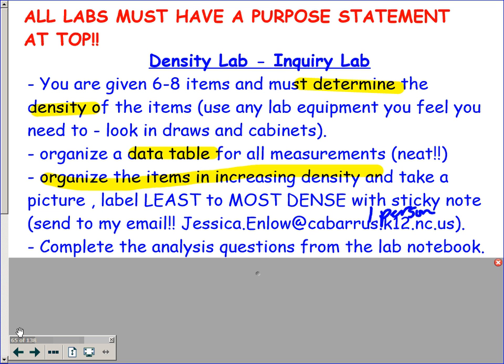Scales are coming to your table in just a second. They're going back. So now I see nobody with the lab out. The lab is in the very bottom of your packet. You should see the last page. Cabinet number 4.